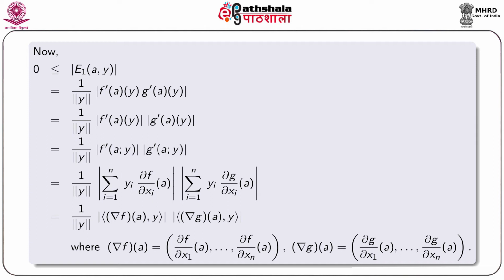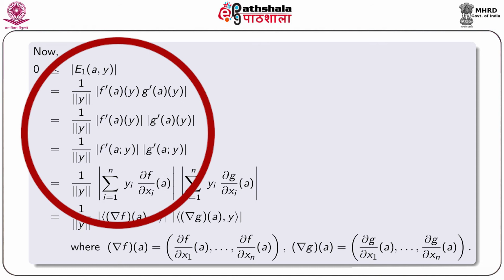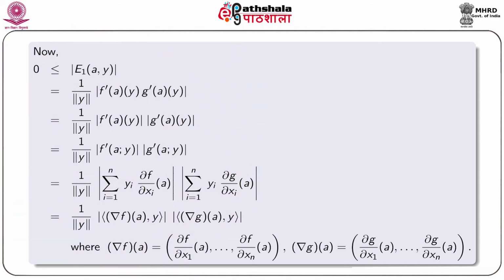We can write modulus of f dash a y g dash a y as a product of two quantities, first one modulus of f dash a y and then modulus of g dash a y. Now, we can express each of these with the help of vector derivatives. In case of the first one, we have f dash a y, and for the second one g dash a y.